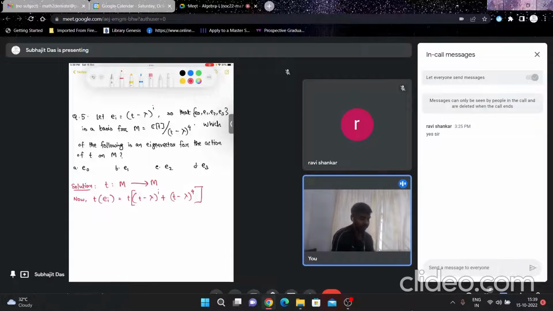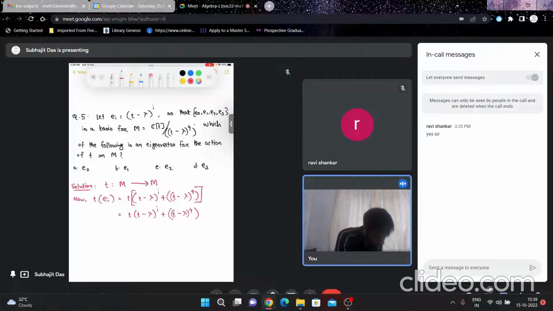So t times this (t minus lambda) to the power i plus (t minus lambda) to the power 4, right? So this is your ideal. I should also write the ideal. I don't know why they never write the ideal symbol, but it should be written. The ideal generated by this. Yeah, now it's okay. So t times this, you can write this as t times (t minus lambda) to the power i plus the ideal generated by (t minus lambda) to the power 4.